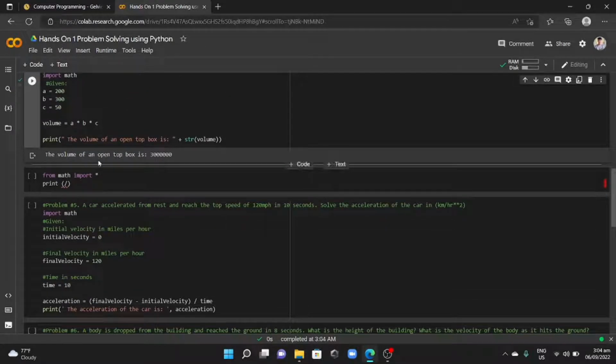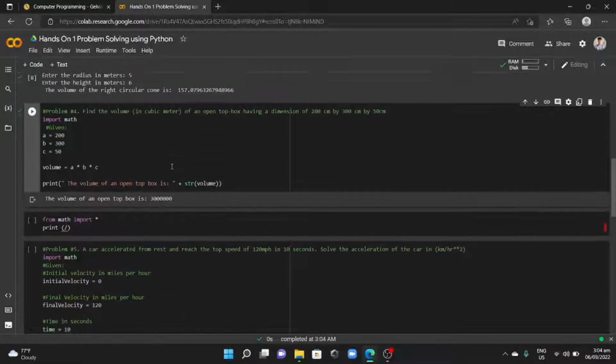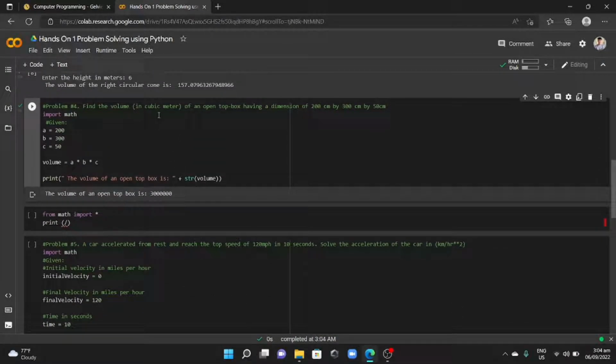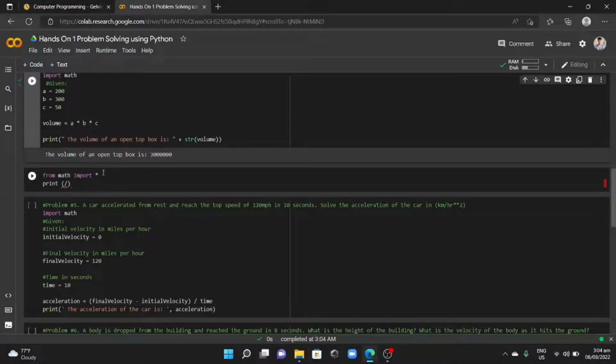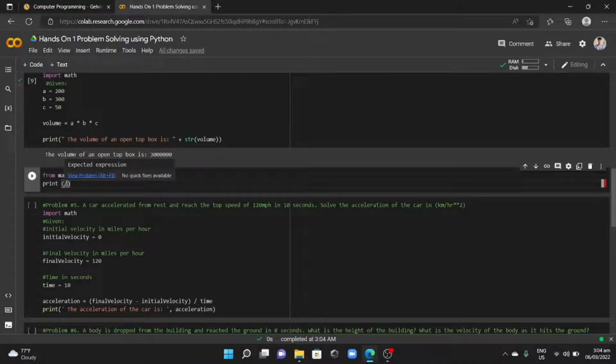And we are going to run the code. We have the volume of an open top box is 3 million. So this is in cubic centimeters, and we are going to make this in cubic meters. Remember that 1 million cubic centimeters is equal to 1 cubic meter.